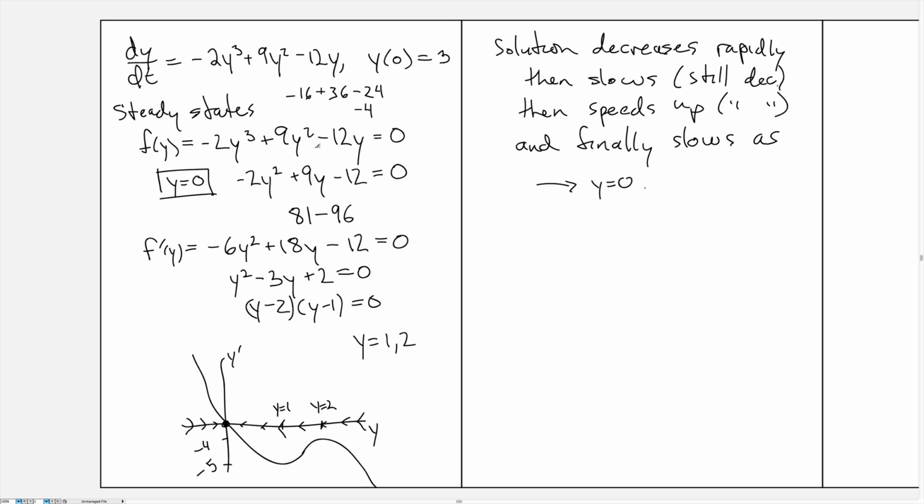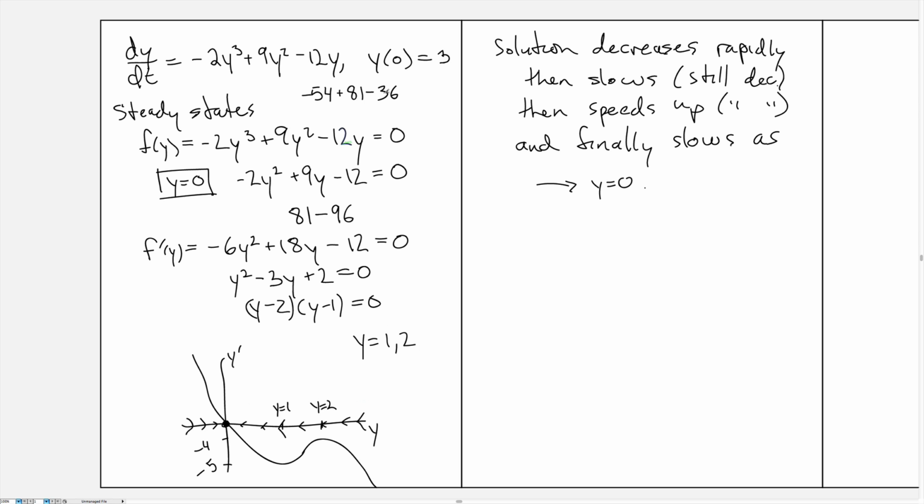And then what about at y equal 3? Y equal 3, this is 3 times 3 is 9 times 3 is 27, multiplied by 2 is minus 54, plus 9 times 9 is 81, minus 3 times 12 is 36.